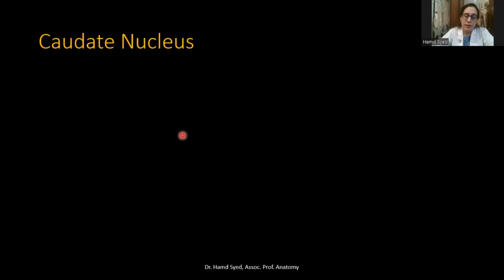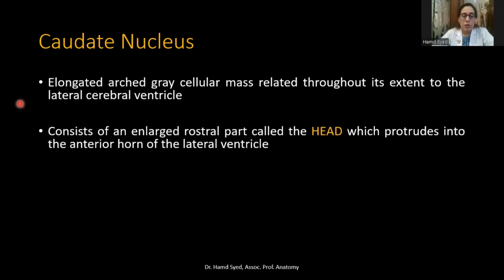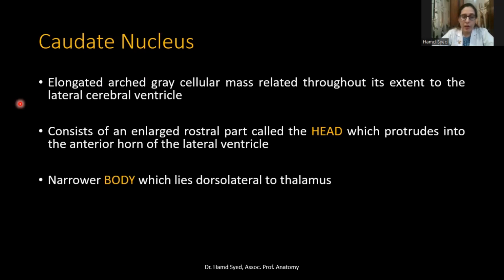Now, the first one is the caudate nucleus. This is an elongated, arched gray cellular mass, and it is related throughout its extent to the lateral cerebral ventricle. It consists of an enlarged anterior or rostral portion known as the head, which protrudes into the anterior horn of the lateral ventricle.